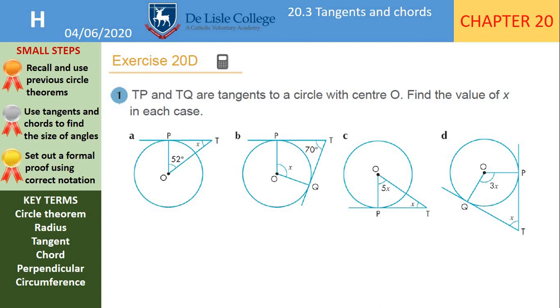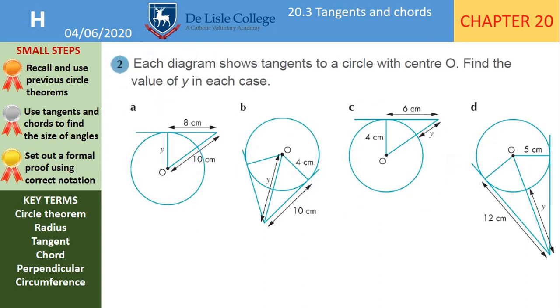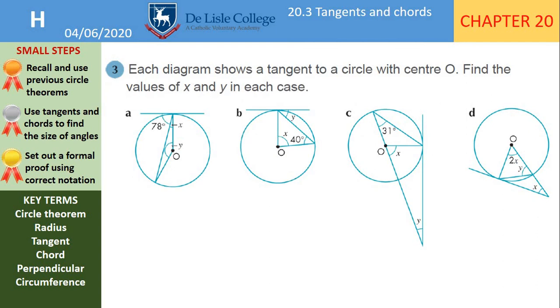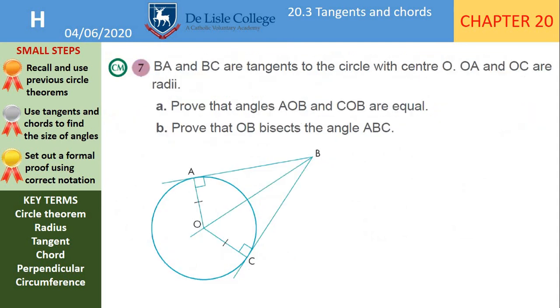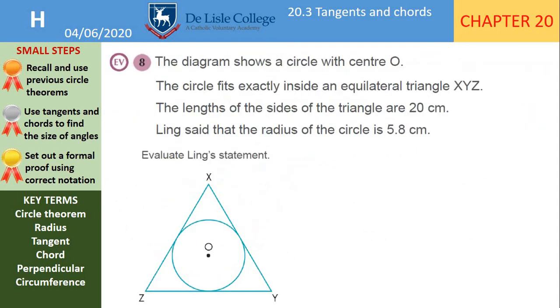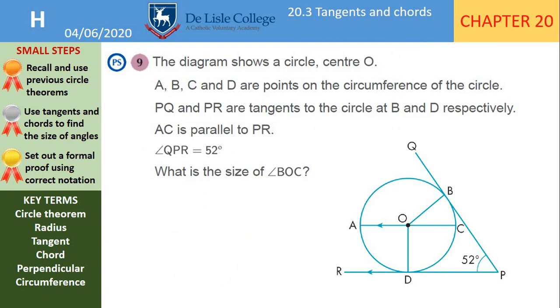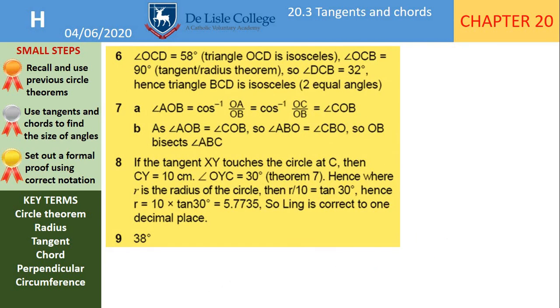So what I want you to do is pause the video and you could have a go at some of the questions from this exercise, or alternatively you could start working through the Hegarty tasks that have been assigned to you this week, and you can see the first couple will take you through these anyway. So you can pause the video and have a go at just a couple maybe from each question, or you can just go to the Hegarty Maths videos and pop the answers into the PowerPoint.